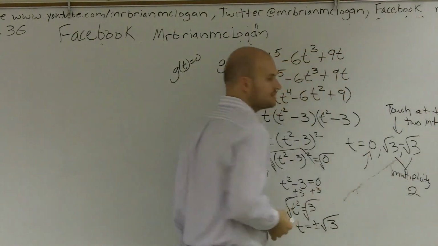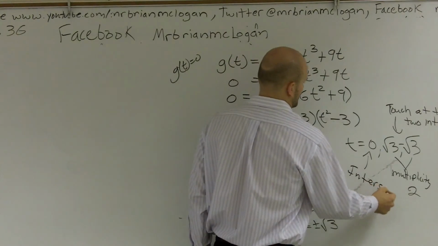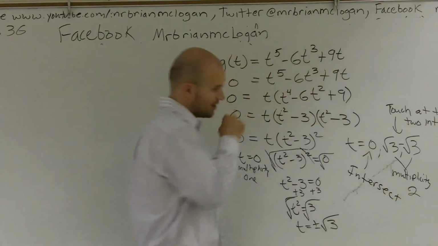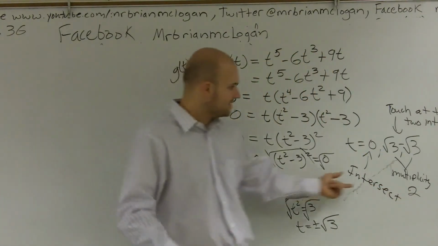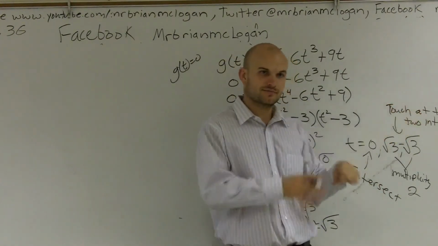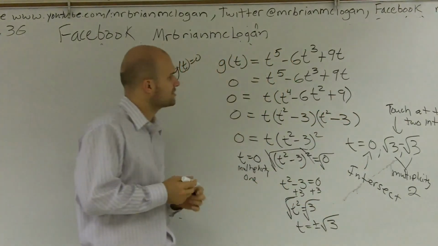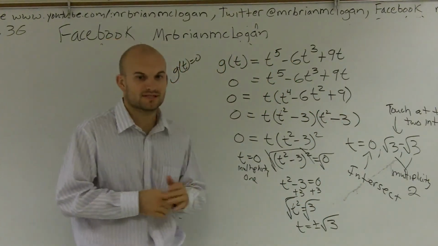And here, since it has a multiplicity of 1, it's going to intersect. So just remember, a multiplicity of 1 means it's intersecting, and a multiplicity of 2 means it just touches; it rounds out and touches. And that's how you determine the zeros and the multiplicity of your zeros.